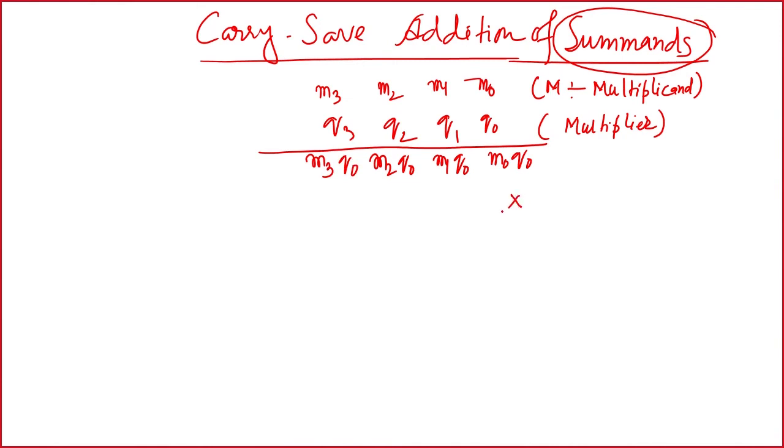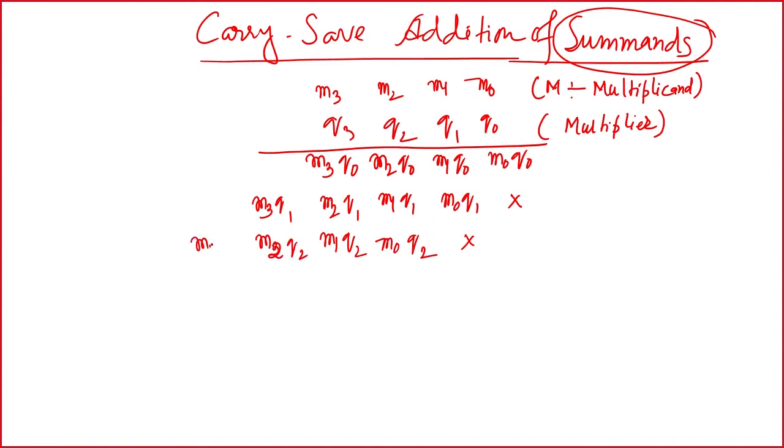Next m0 q1, then m1 q1, m2 q1, m3 q1. Again we can write m0 q2, m1 q2, m2 q2, m3 q2.